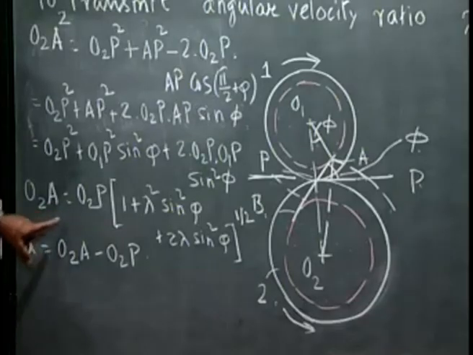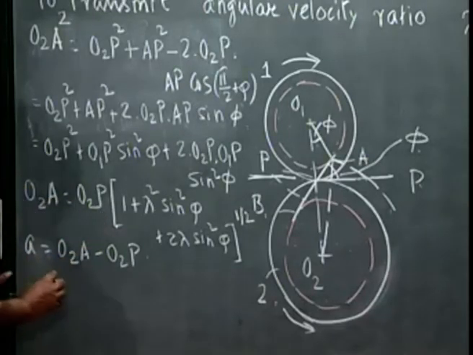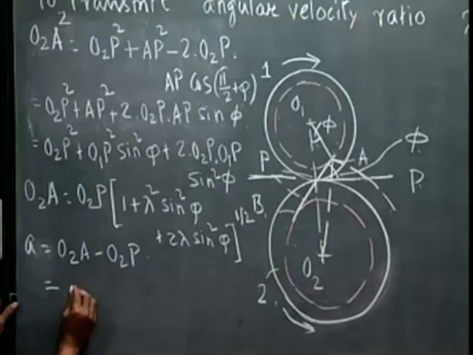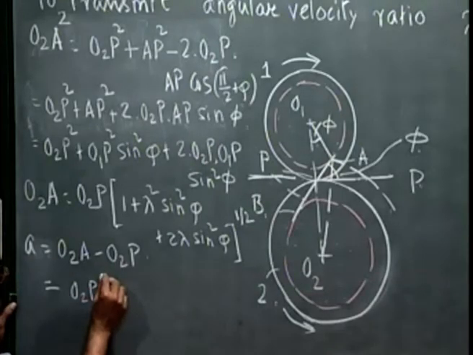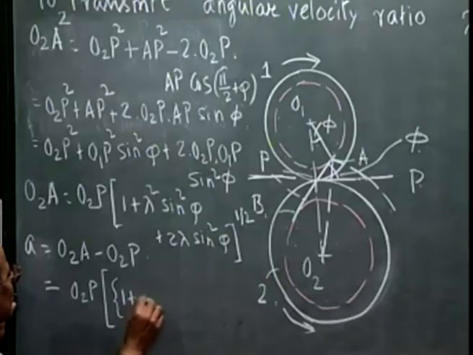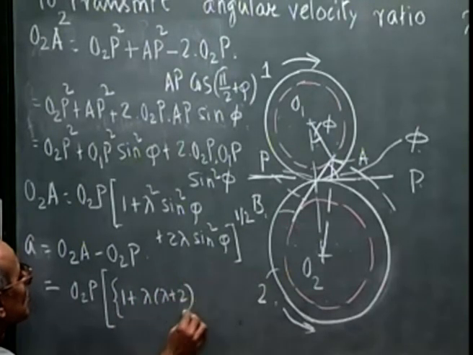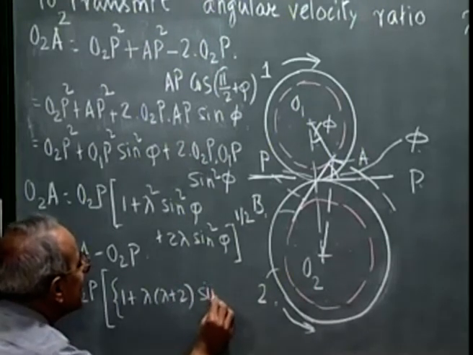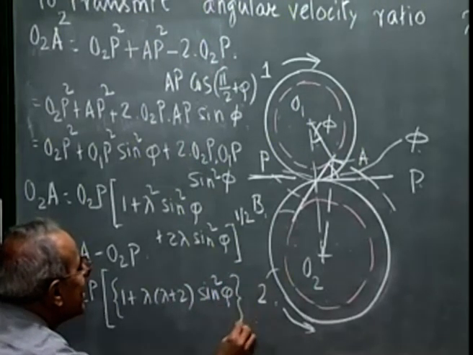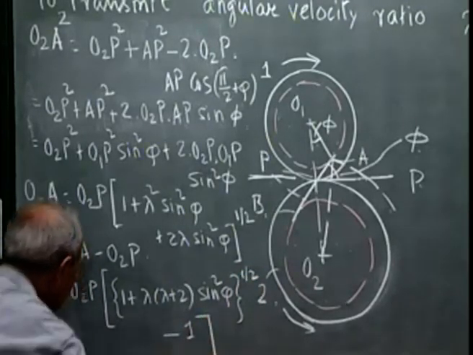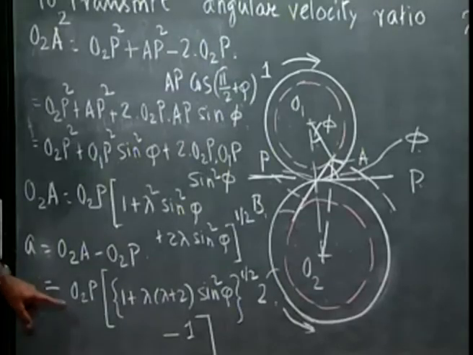So if I use this expression of O2A, I get this as O2P into square root of one plus lambda into lambda plus 2 sin squared phi, to the power half, minus 1. This is the expression for the addendum.